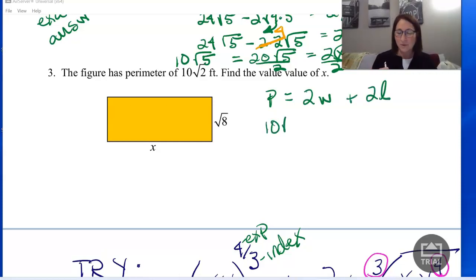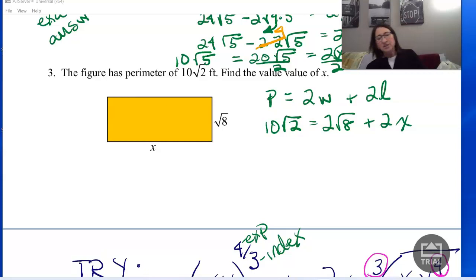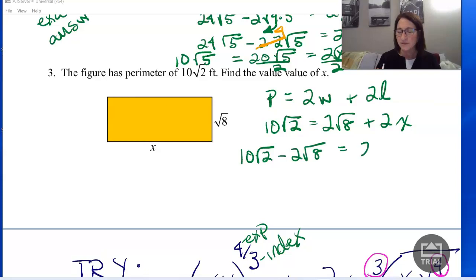So 10 root 2 is equal to 2 root 8 plus, I'll call my length x. Okay, so now I'm just going to go ahead and subtract 2 root 8 from both sides. So 10 root 2 minus 2 root 8 equals 2x.